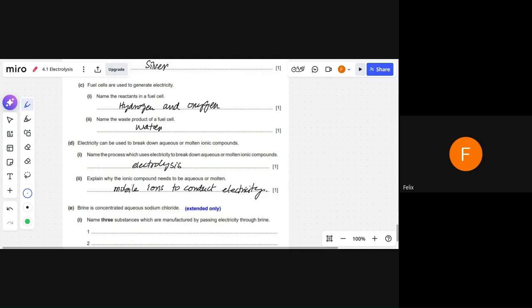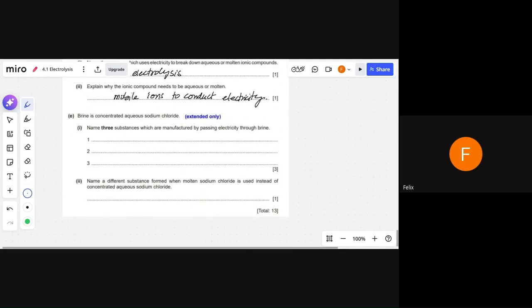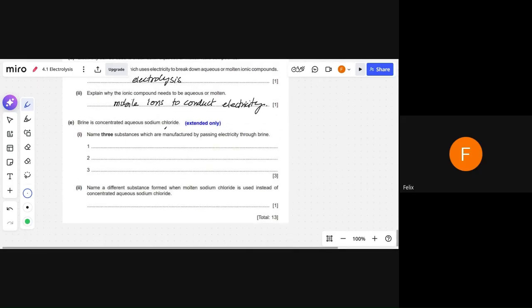Okay, so last two questions. Brine is concentrated aqueous sodium chloride. Name three substances which are manufactured by passing electricity through brine. That is a tricky question. The brine is concentrated, so it is aqueous electrolysis, which means that water is involved as well.